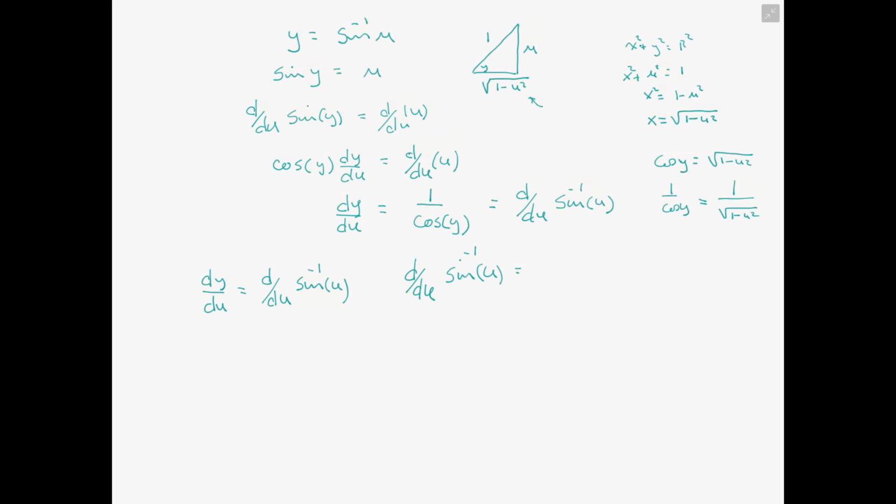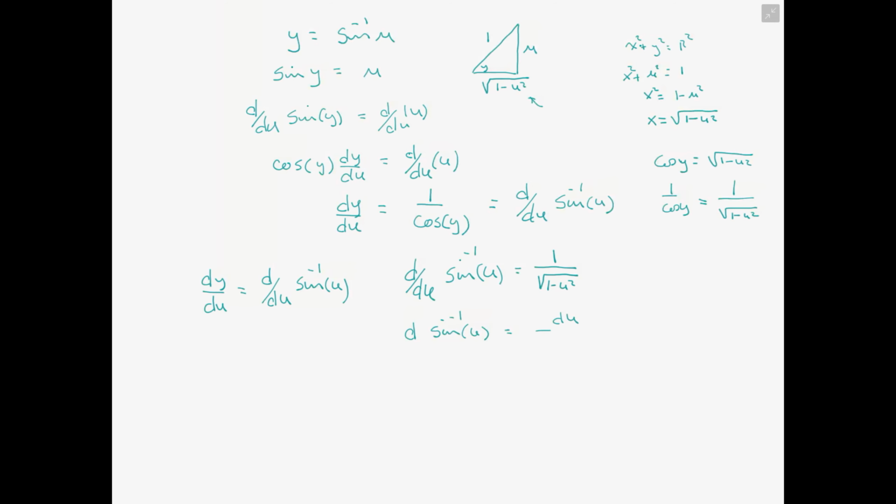But the cosine of y equals the square root of 1 minus u squared. So 1 over cosine of y equals 1 over the square root of 1 minus u squared. So that's our derivative of the arcsine.